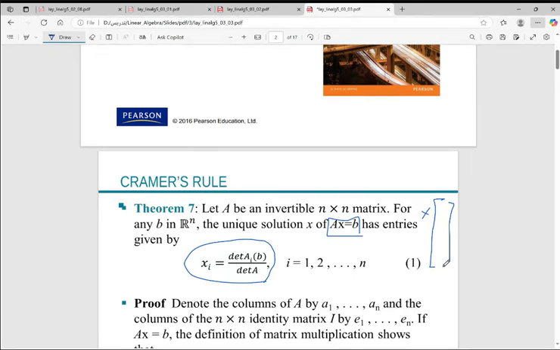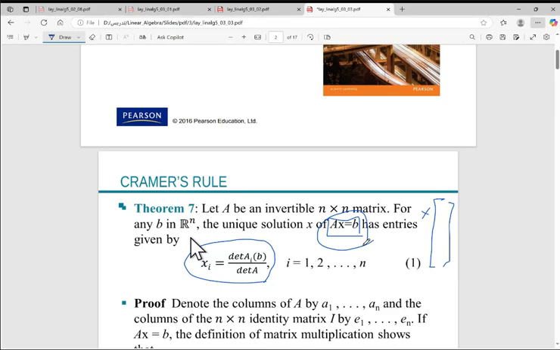Clear, Doctor, but what do we compute with Cramer's rule, or xi? So you want to solve a system of linear equations, Ax equals b, right? Yes, Doctor.